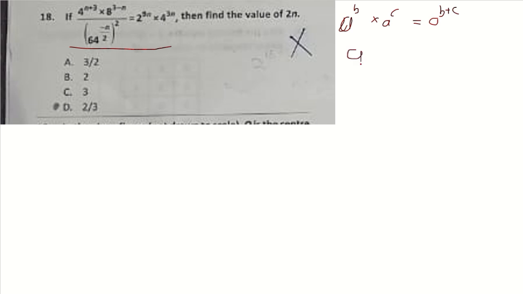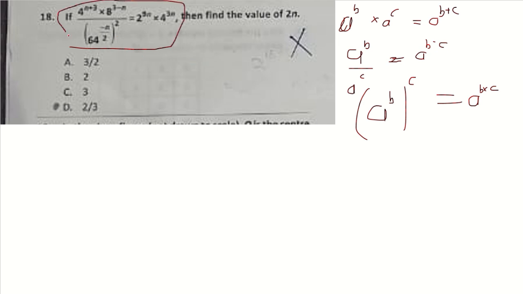Then a power b upon a power c is equal to a power b minus c. Then we have (a power b) power c is equal to a power b into c. This whole question revolves on just these three principles.